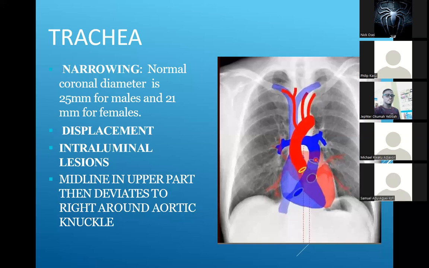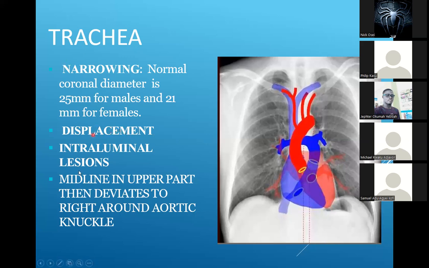So we can all attest that it is central, isn't it? Good. Now, the normal diameter of the trachea in males is about 25 millimeters, and that of females about 21 millimeters. Of course, for obvious reasons, males are usually bigger than females, with a higher muscle mass, taking in more air and all of that.